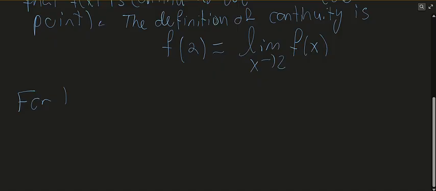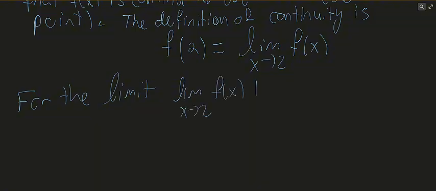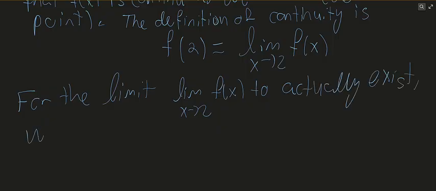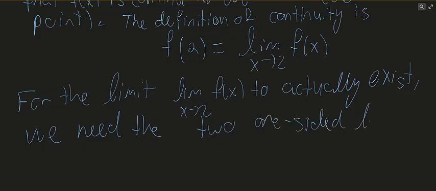For the limit as x approaches 2 of f of x to exist, we need the two one-sided limits to be equal.